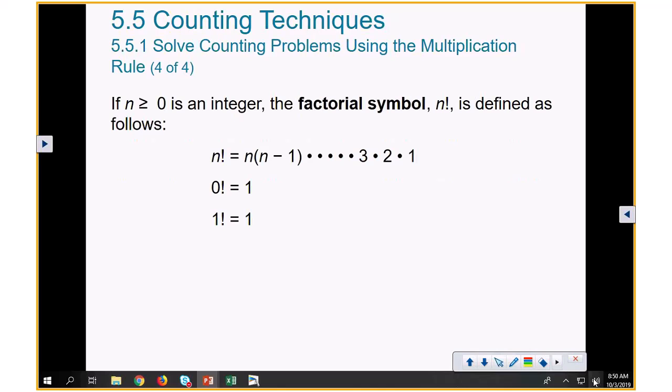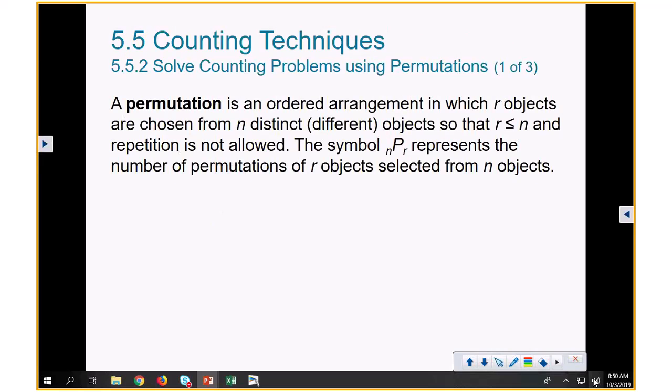There's the factorial symbol. We've already covered that. Here we go. This is what a lot of your tests are going to be made up of. A permutation is an ordered arrangement. I want you to write those few words down. You don't have to write down that whole thing.